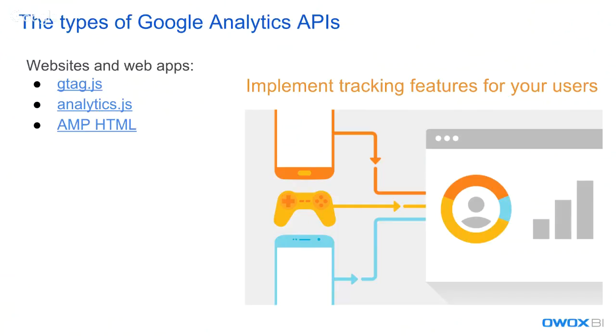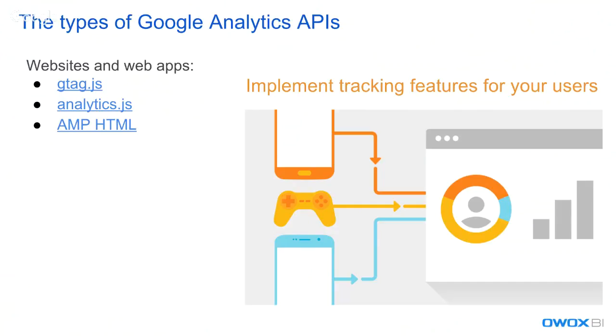As you know, gtag.js is something the Google team recently announced. So it's a new tool that you can use to track your users' behavior. Analytics.js is the most popular library for tracking users' behavior. It's the standard Universal Analytics code.